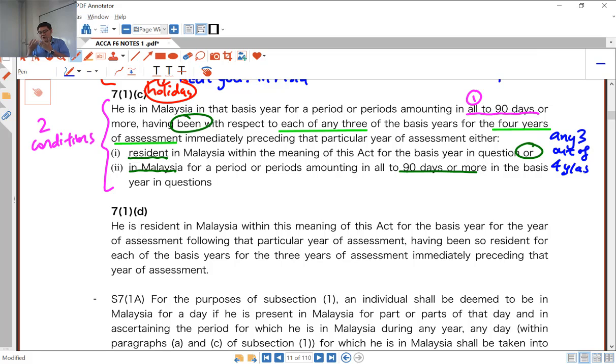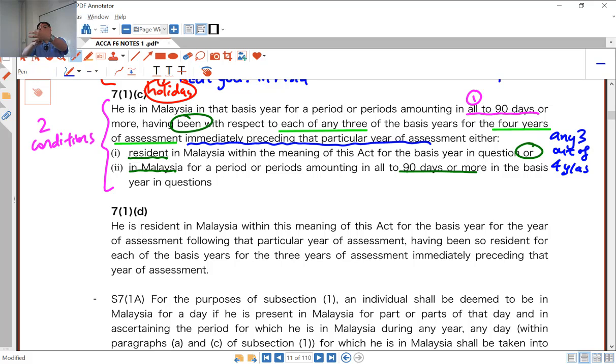That's why the law goes on to say the 4 years that start immediately preceding that year. The words immediately preceding mean right before that. So if we are in 2020, immediately preceding 2020 is 2019.